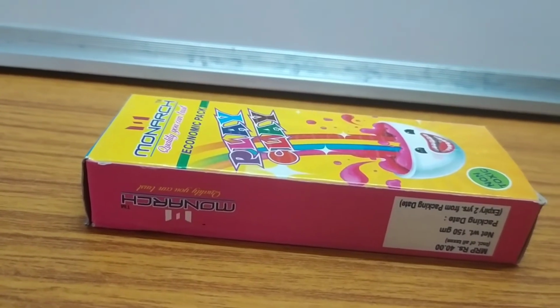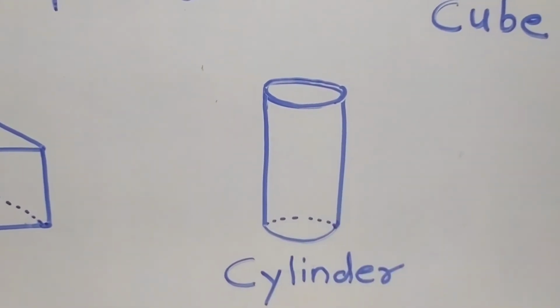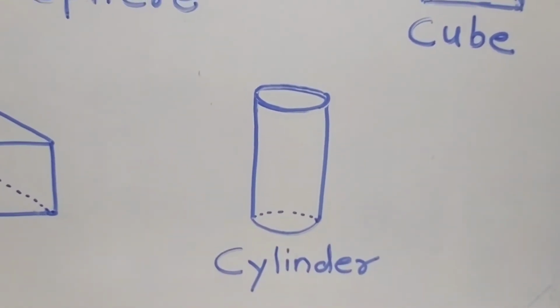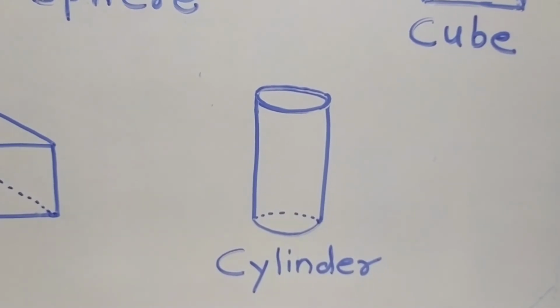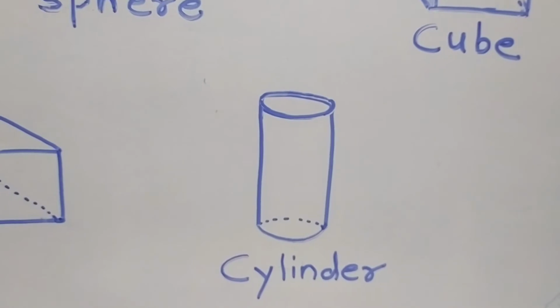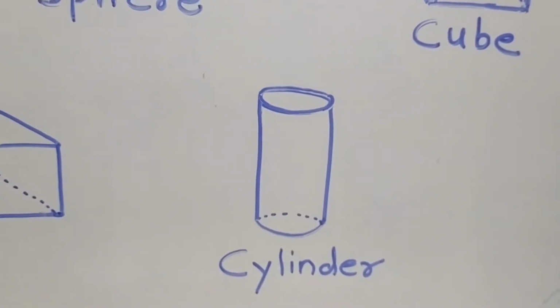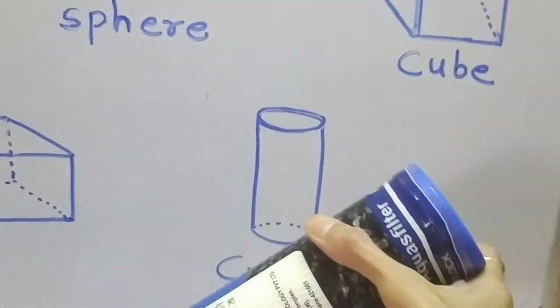Understood? Then our next solid shape is the cylinder. So what is the meaning of cylinder? A bottle-like shape which has a circular base is called a cylinder or a circular prism. Look at this cylinder shape.